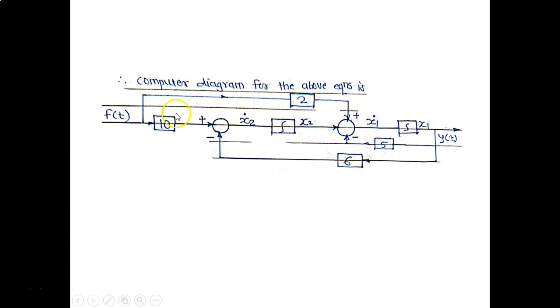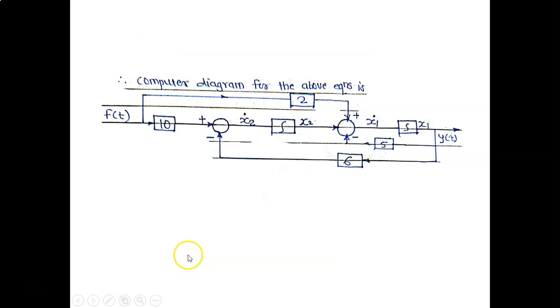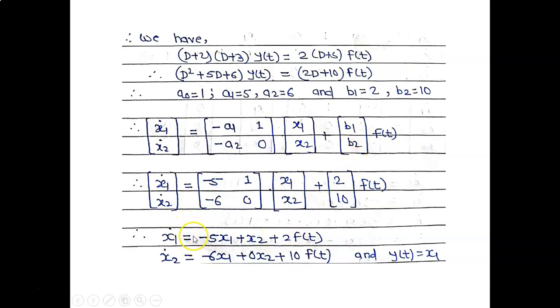And again here x1 dot is equal to 2f(t) plus x2, therefore that value is there. x1 dot is equal to minus 5x1 plus x2 plus 2f(t).